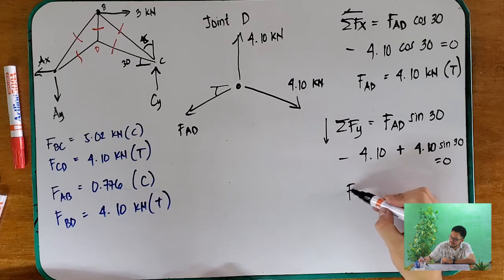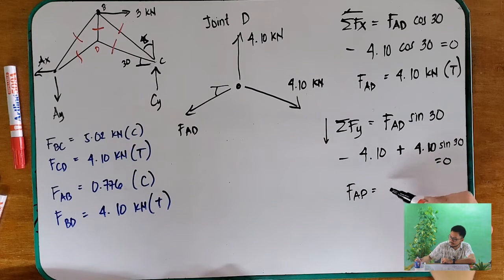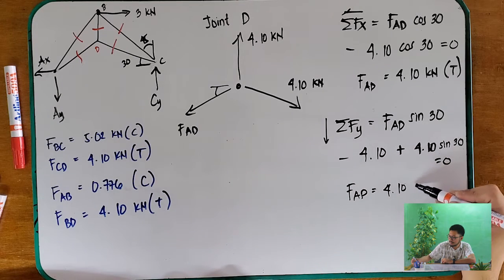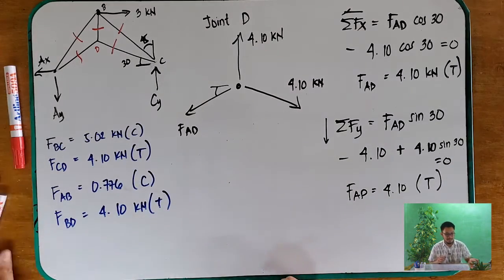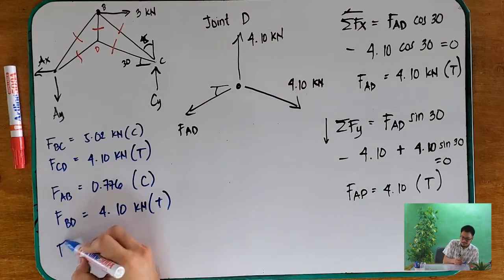Then your FAD is still 4.10 kilonewtons, that is tension. And now we have completed our summary.